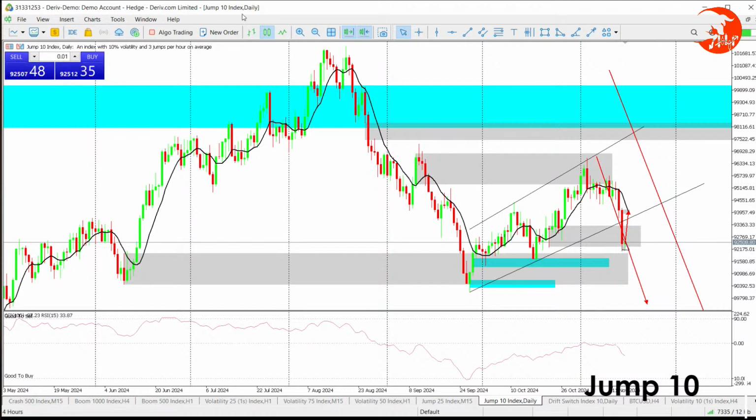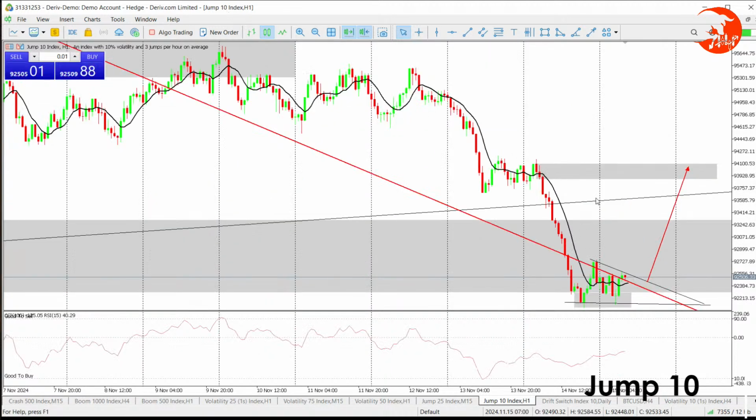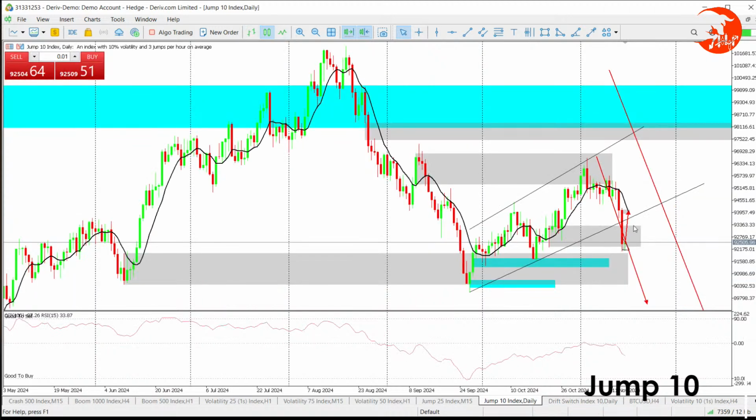So this move we are looking for on H4 and H1 is going to be a retest move on daily to bring us here, and then probably start to sell to bring us to this level, because price is still going to respect the rising wedge structure.